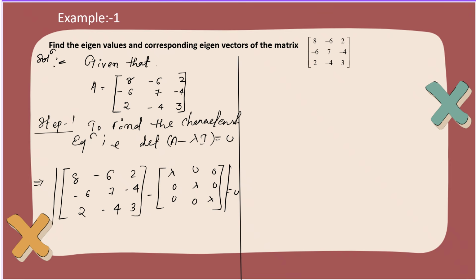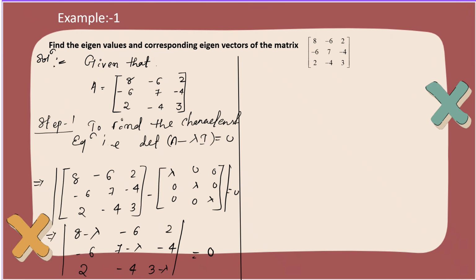When you subtract this matrix from that matrix, you get this type of matrix: 8 minus lambda, minus 6, 2; minus 6, 7 minus lambda, minus 4; 2, minus 4, 3 minus lambda, which is equal to 0.